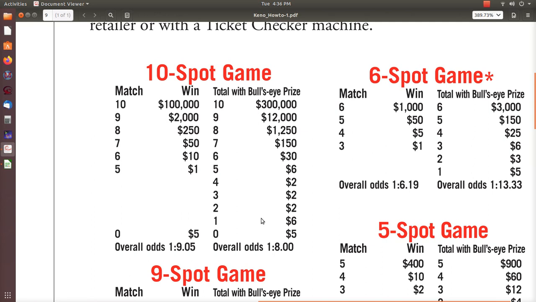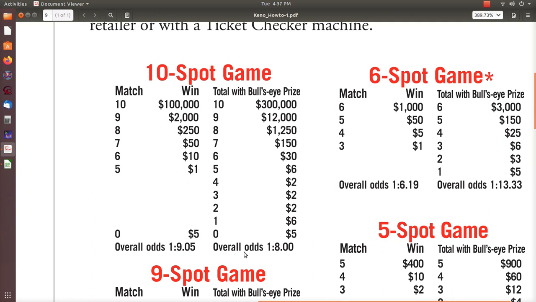Now this column here, the probability that you have a certain number of matches and match the bullseye, that goes in this column. Now what is wrong are the numbers here. So the overall odds is 1 in 9.05, and I'm assuming they're referencing the overall odds of winning base casino.